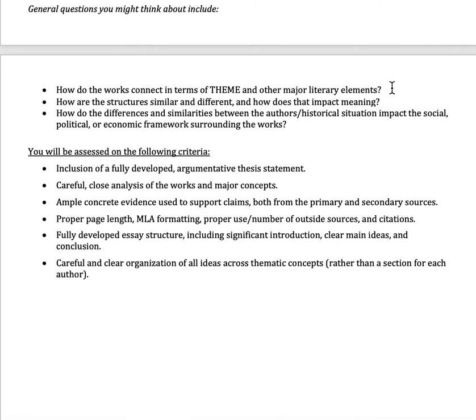So some things you might think about. How do the works connect in terms of theme and other major literary elements? How are the structures similar or different, and how does that change or impact the meaning of the poem? How do the differences and similarities between the authors or the historical situations, what was happening around the poem, impact the social, political, or economic situation surrounding the work?